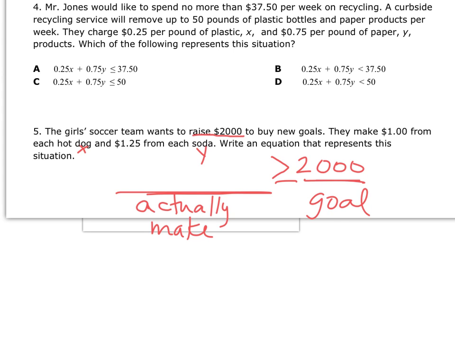All right, so then $1, so 1X, or you could do just X, very good, and $1.25 Y will show me how much they actually made. All right, and their goal is 2,000. So 1x or x plus 1.25y is greater than or equal to 2,000. All right, I wanted to do 5 with you because that one was poorly written. I apologize for that.